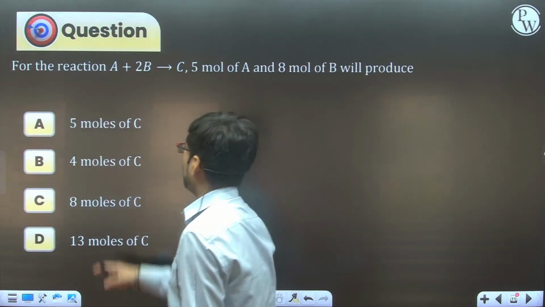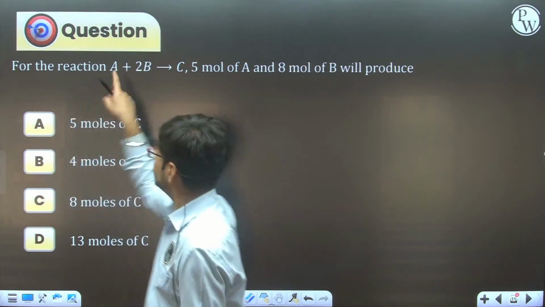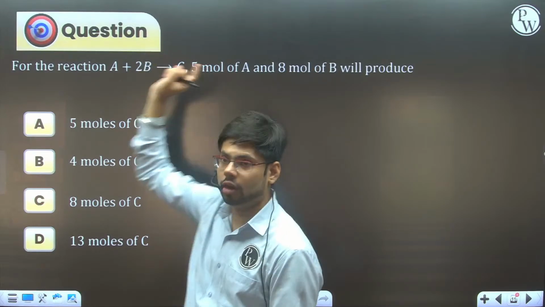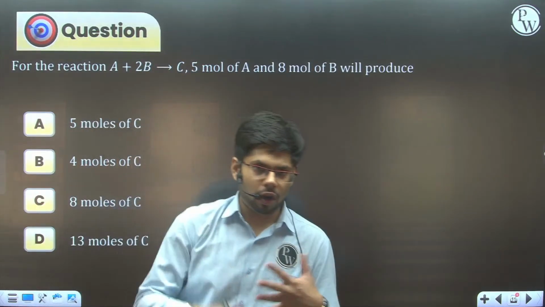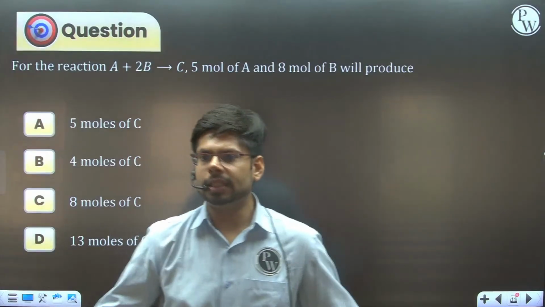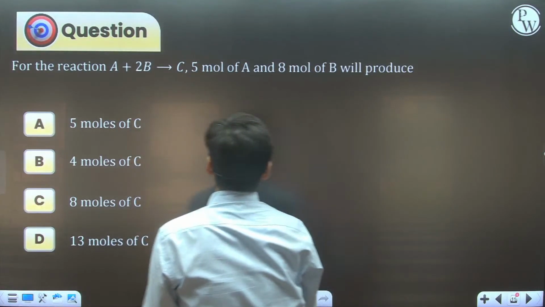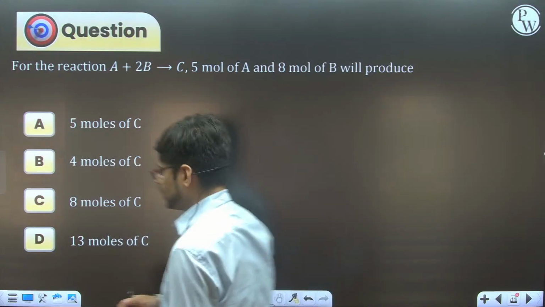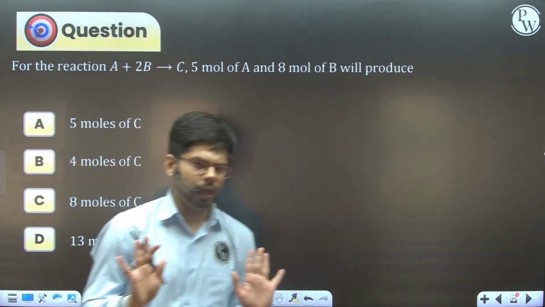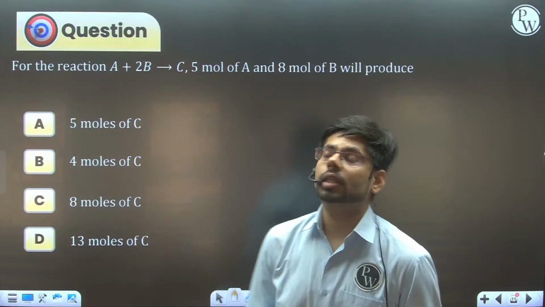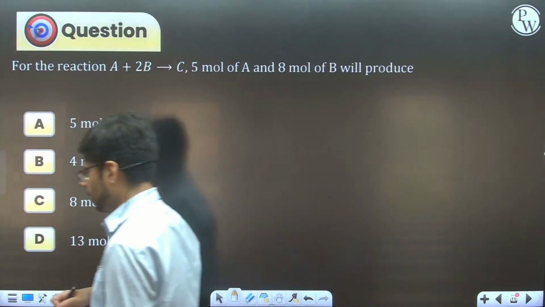Now see, already the reaction is balanced because you can see the coefficient here 2 has been already put in front of B, so the reaction has already been balanced, so we need not balance it. Okay, now 5 moles of A and 8 moles of B will produce how many moles of C? This is the question. They want to know the number of moles of C formed.